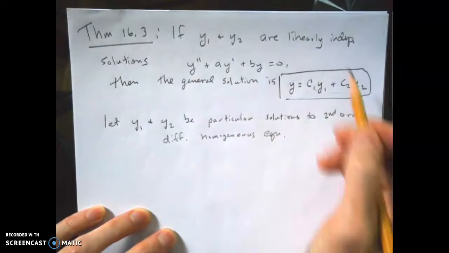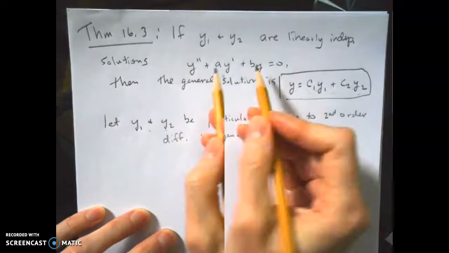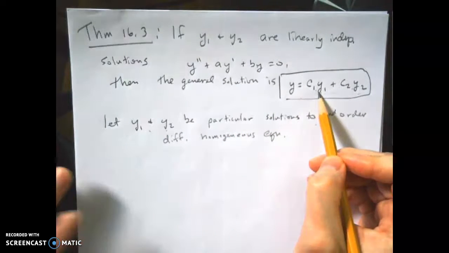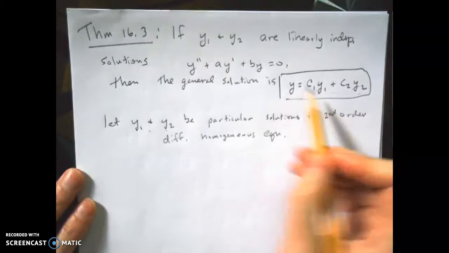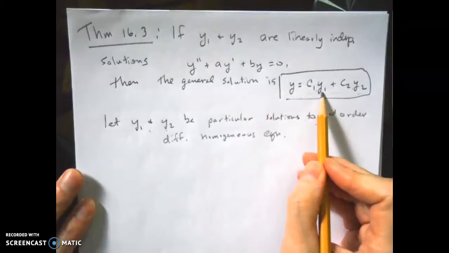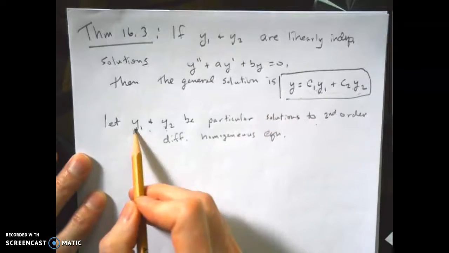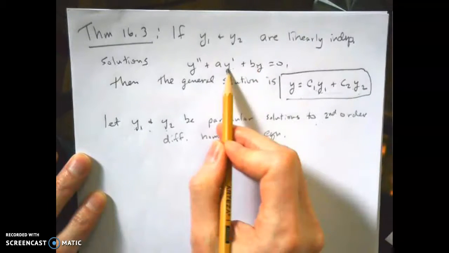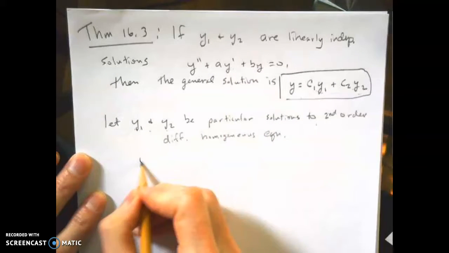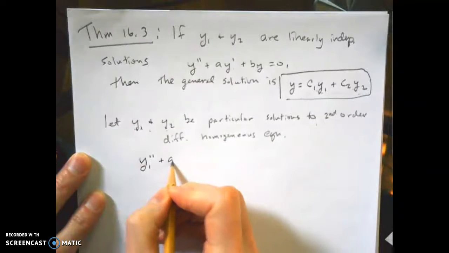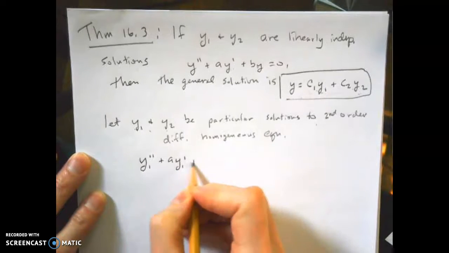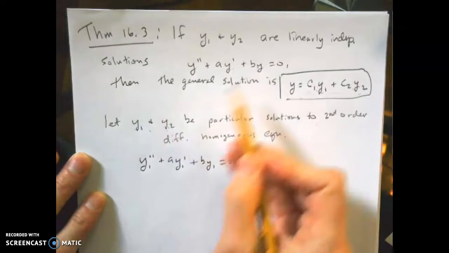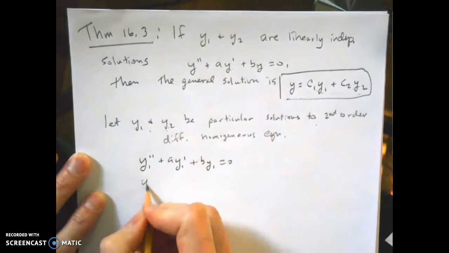Okay, this one. So we're saying that y1 and y2 are solutions to this. What we want to prove is that this is the general solution. The first part we're going to prove is just that this is also a solution. Okay? So if y1 and y2 are both solutions to this, we can plug in y1 for y, y1 prime, and y1 double prime. We get y1 double prime plus a y1 prime plus b y1 equal to 0. We can also plug in y2, y2 prime, and y2 double prime.